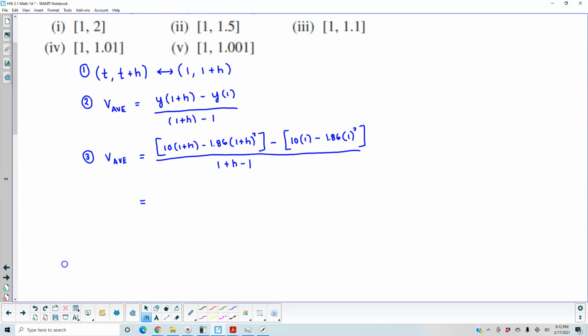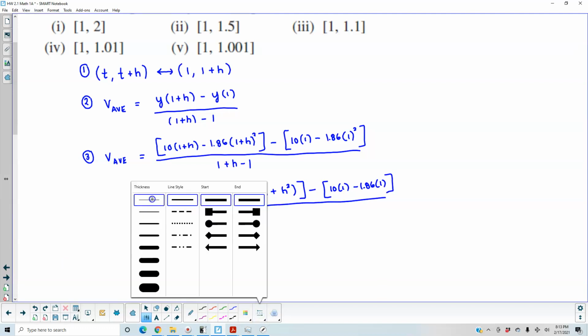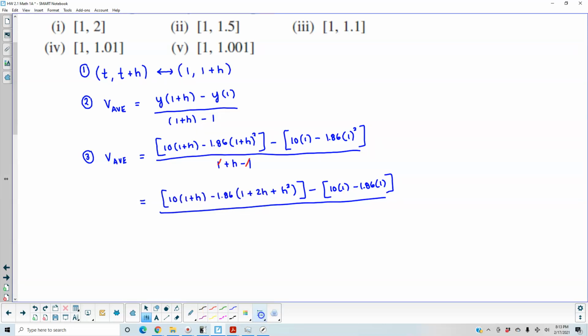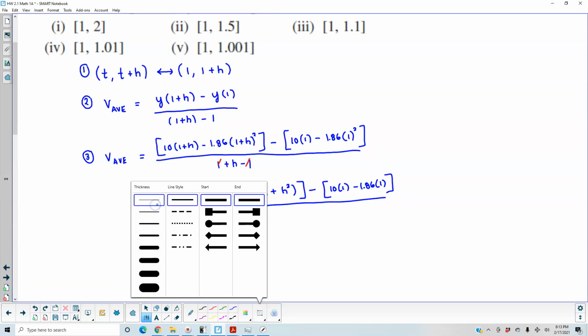Okay, so let's simplify this a little further. We have 10 times 1 plus h minus 1.86 times 1 plus 2h plus h squared, and that's minus 10 times 1 minus 1.86 times 1. And we can eliminate in the denominator 1 minus 1, so we're left with h in the denominator.